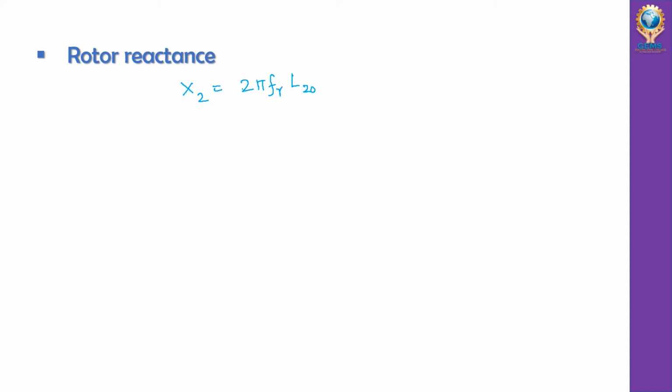If we apply the fr value equal to s into f, we can take s outside, and we will get 2 pi f L20. This is the value of X20, so we can write s into X20.